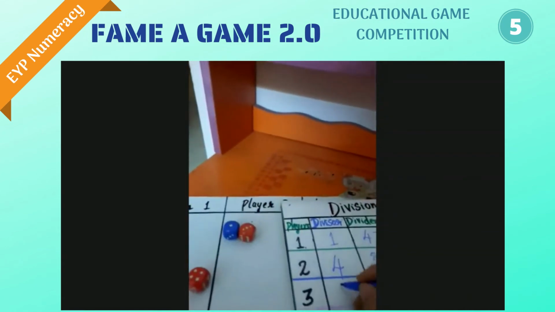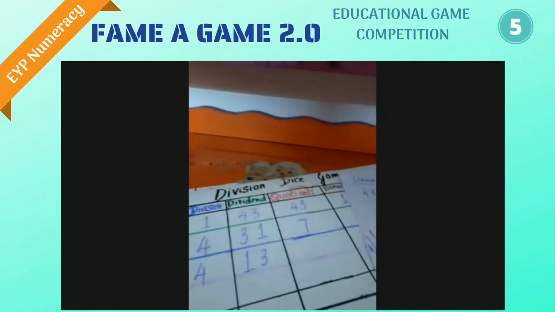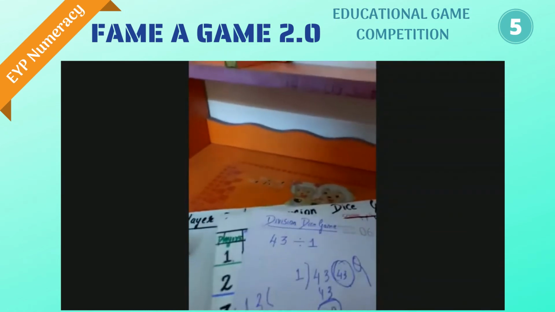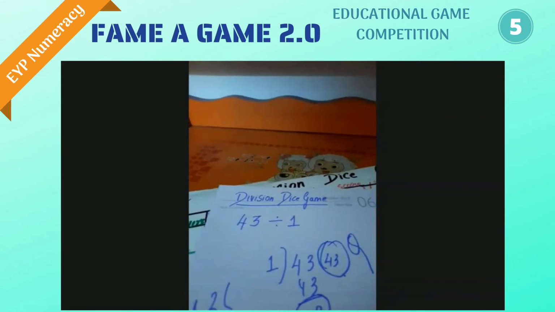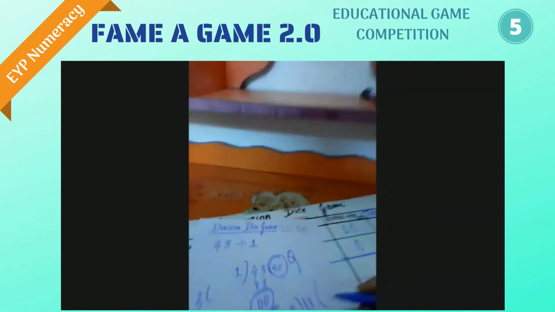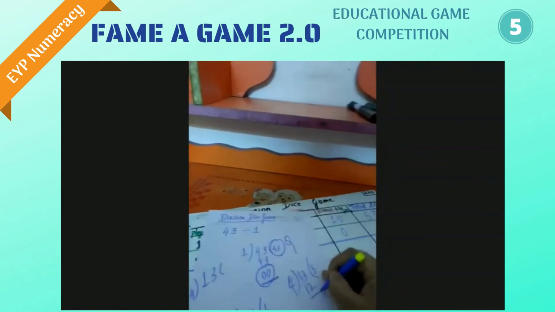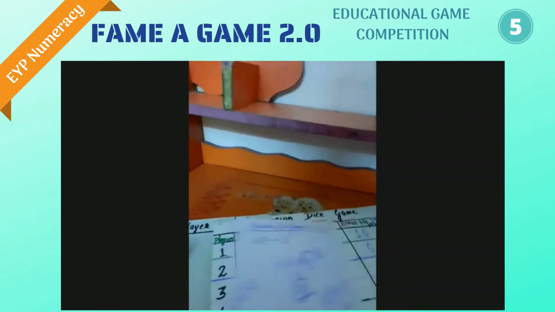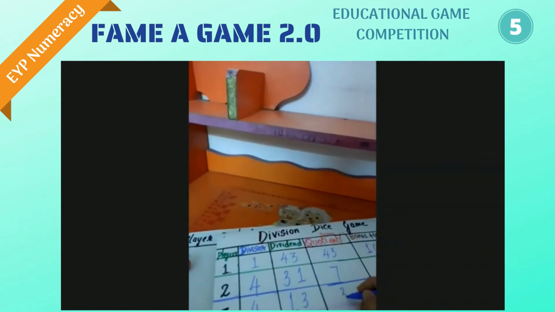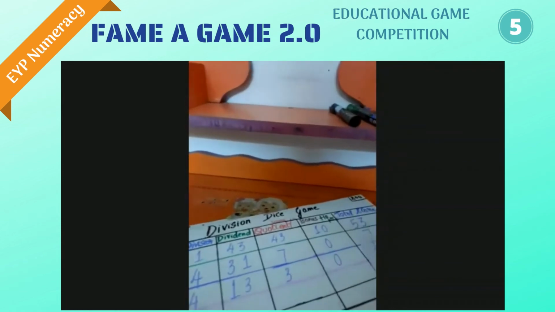So I'm going to write it here, 4, 13, and divide it the same way. 13 divided by 4. 4 3s are 12, and I get the remainder again. So 3 is my point here. The quotient will be 3. That is my score. Bonus, I get 0 because I got the remainder, and my score is 3.